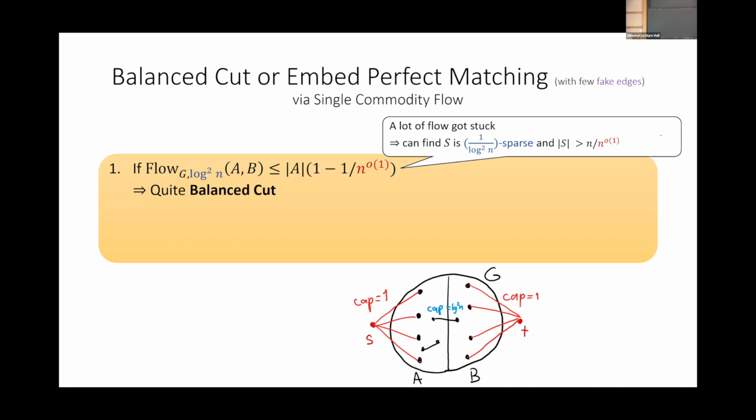Okay. This can be proved formally, but at least intuitively, it should be clear to you that if a lot of flow got stuck, it means that a lot of things got stuck and you have a balanced sparse cut.